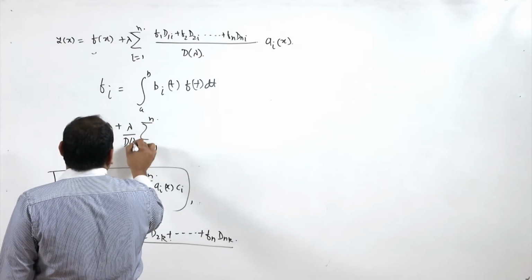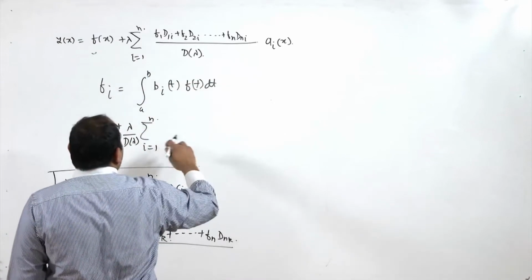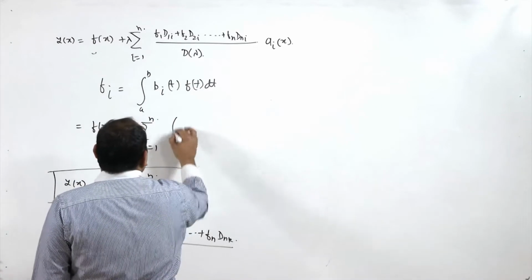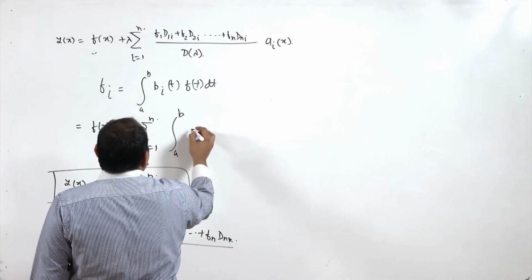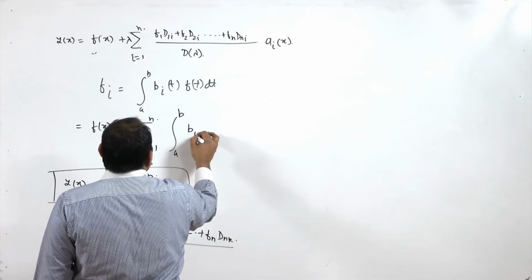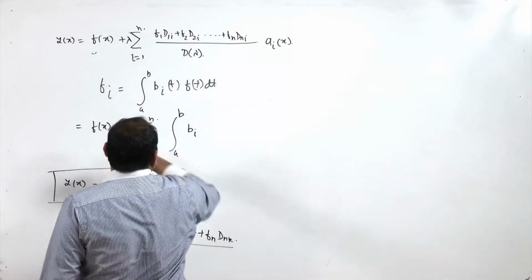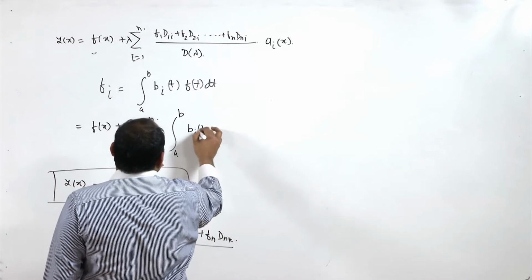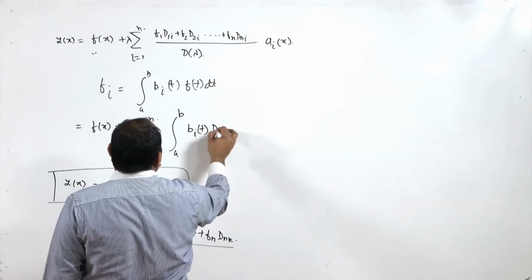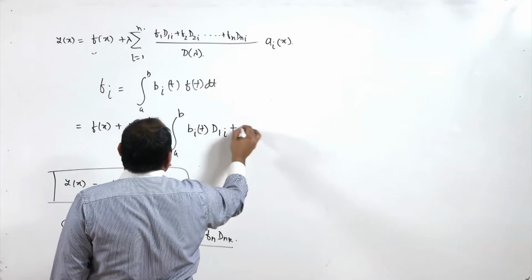So d lambda here, and f(t) you can take out. So it is integral a to b, b_i, I am writing f1, so b_i(t), and this is d1i plus and so on.